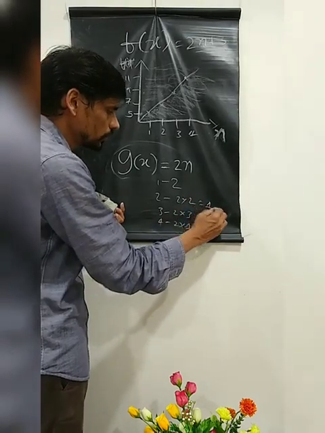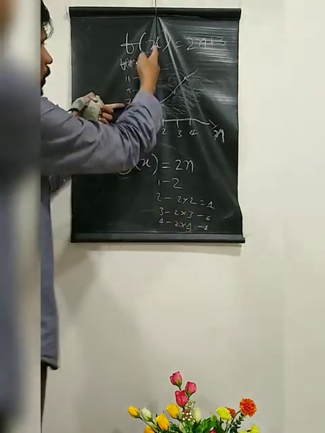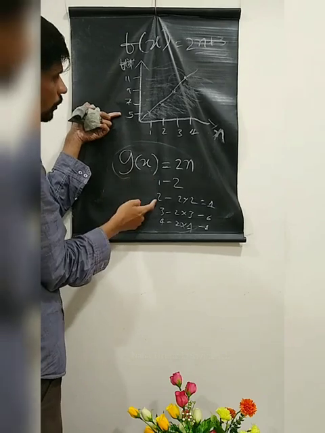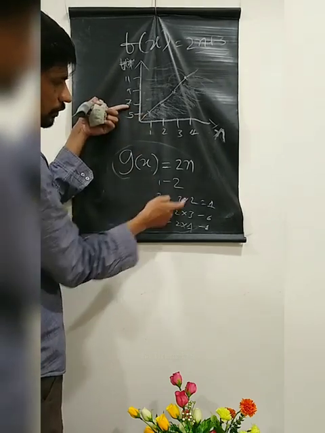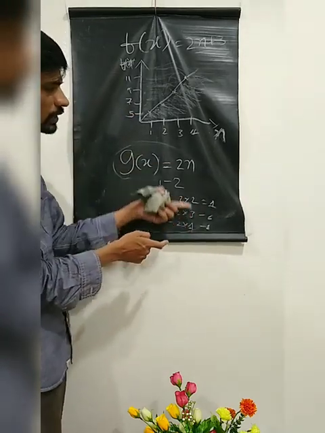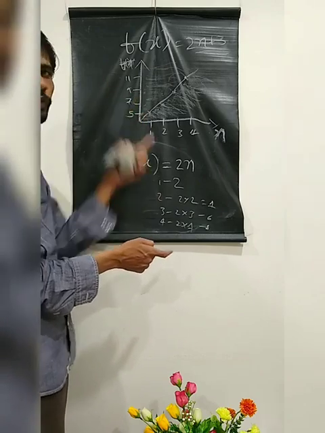So 2, 4, 6, 8. For 1, f of x gave me 5, here in this case 2. For 2, f of x gave me 7, but here g of x gives only 4. So these values are lesser than my f of x values.